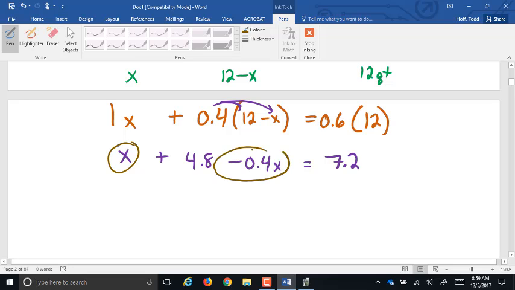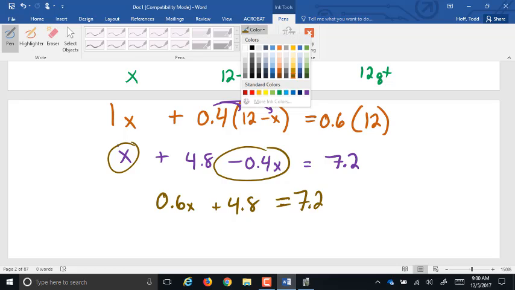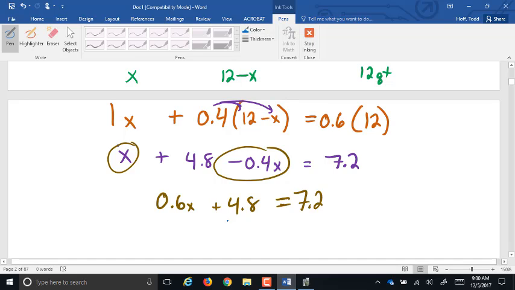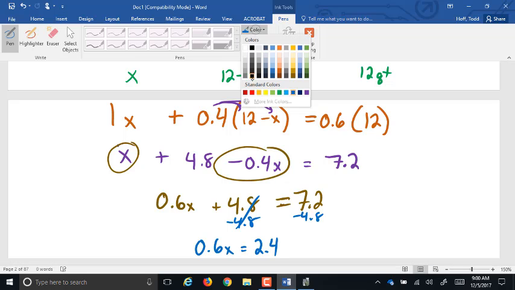And then we're going to combine our x. We see that there's an x that appears twice. Both are on the same side. So I'm going to combine 1x with a negative 0.4x, which gives us 0.6x, still plus the 4.8 equals 7.2. And then we'll subtract 4.8. So 0.6x equals 2.4.